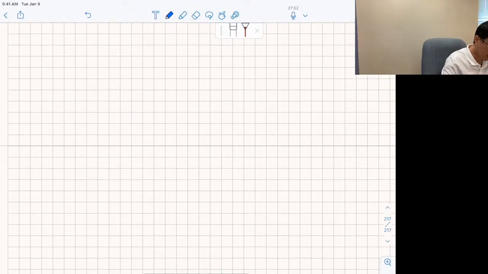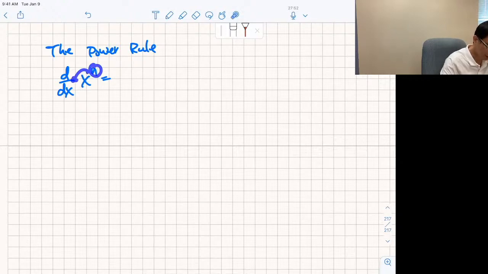So how about the next one? The next one is the power rule. The power rule says the derivative d/dx of x^n is equal to, the n is going to move to the front, so this n is going to jump to the front.